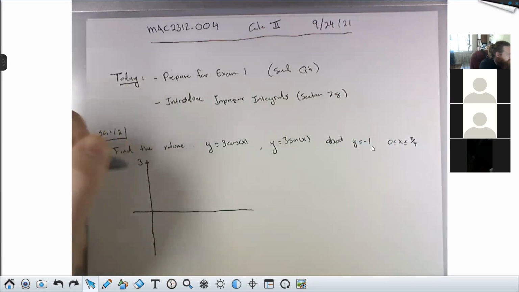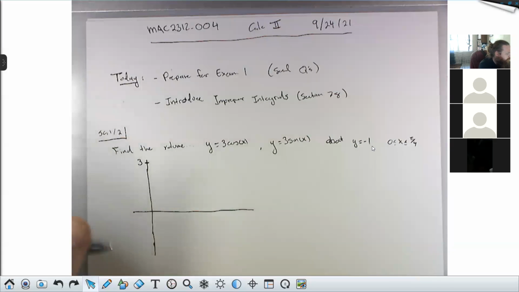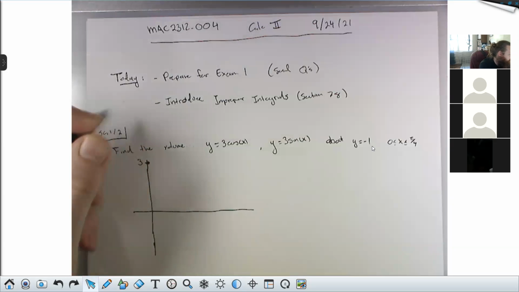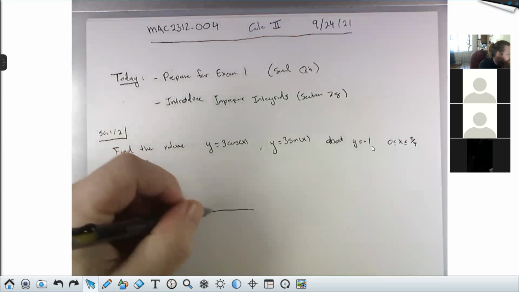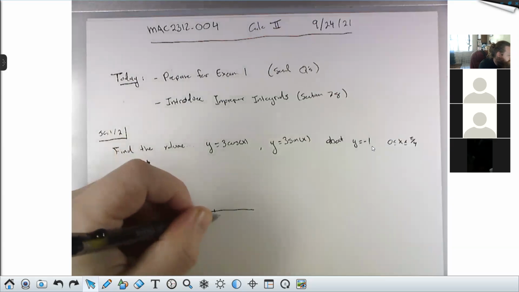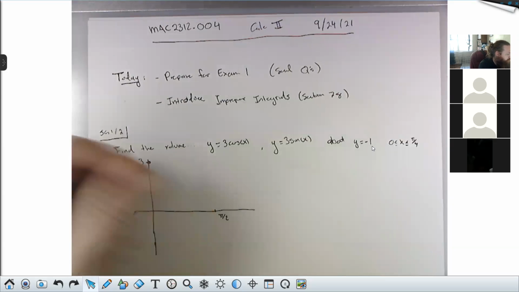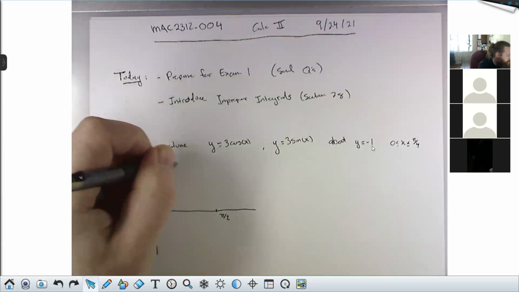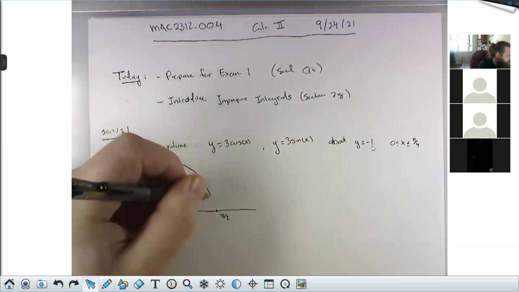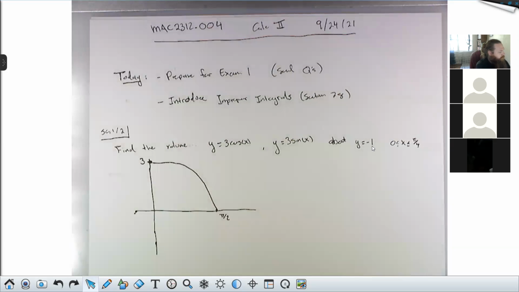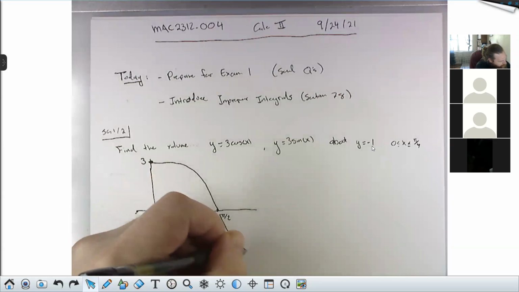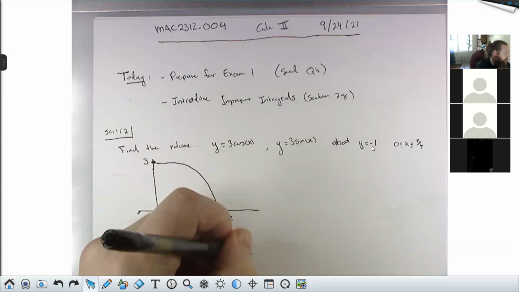We'll call this 3. Then 3 cos x. Here, call this pi over 2. Cos x from 0 to pi over 2 looks something like this, and continues over this way.